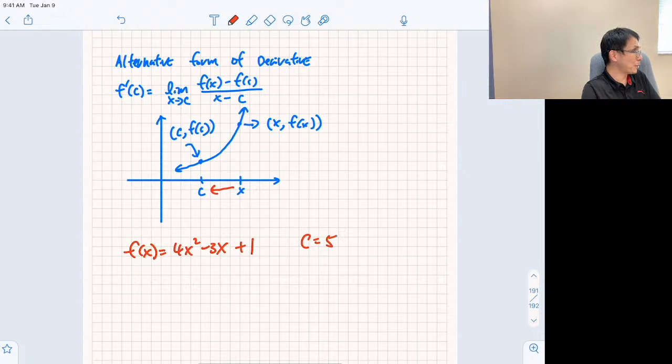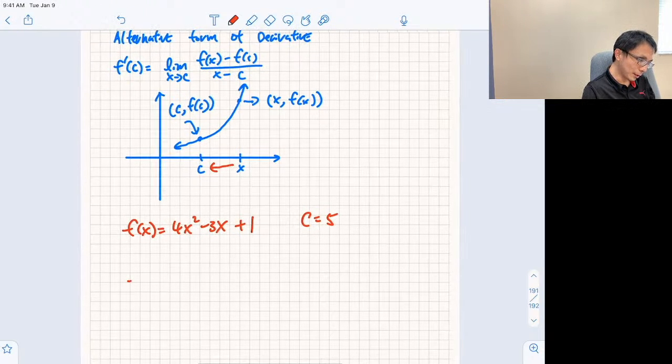And we say, can we use the definition of derivative to find the derivative at c equal to 5? We just have to apply the equation. So let's start with f prime of 5, because that's the left hand side, right? The limit, x has to approach what? c. What's c in this case? 5.